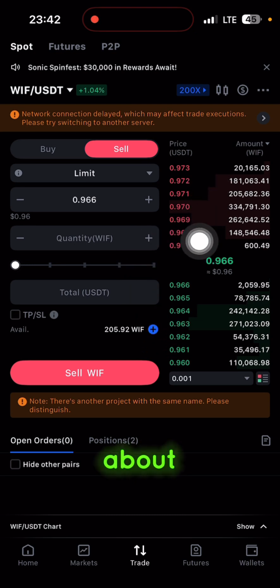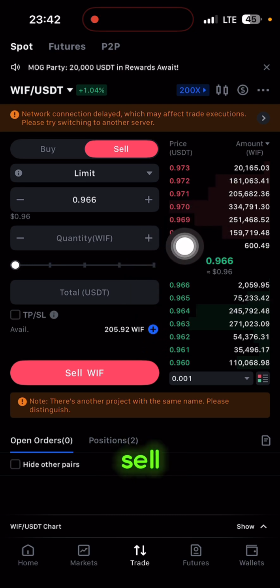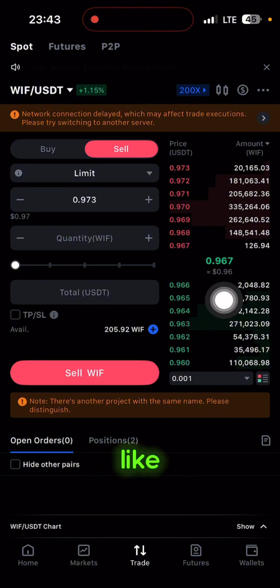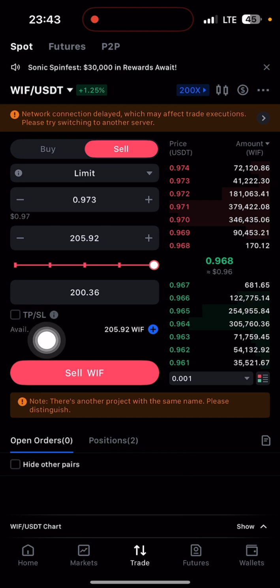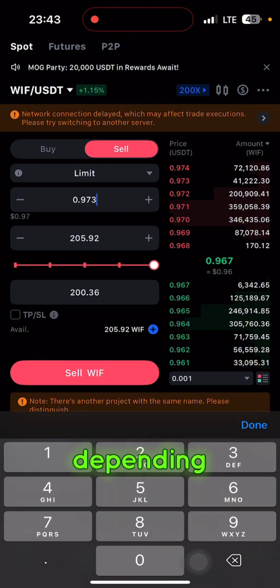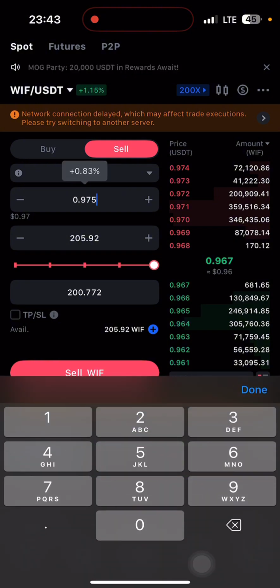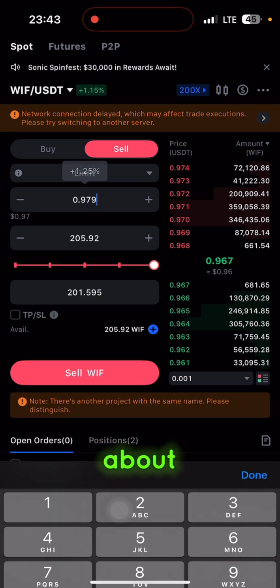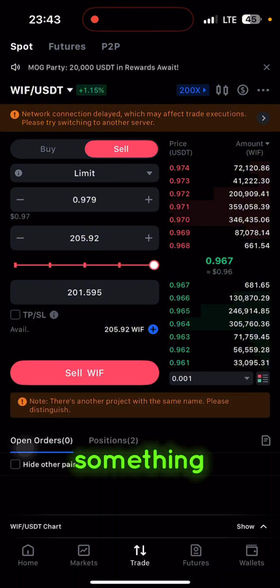The sell limit order should be closer to the current value of the coin so that you wouldn't have to wait much longer. So the closest value there is about 97.3 or 97.4 or 97.9 depending on your ratio. So I'm going to put it quite close to the current market price and we should be able to make about, I think, 1 point something there.